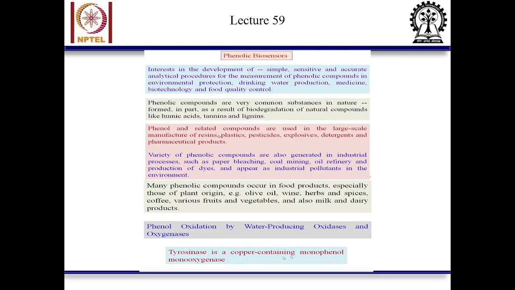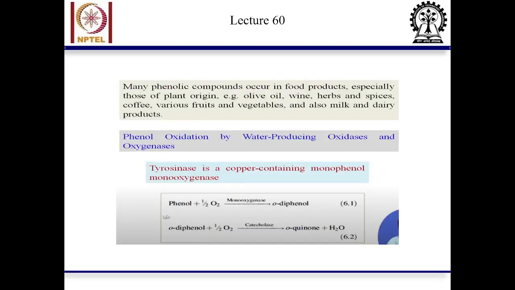Food products, especially olive oil, wine, herbs, spices, are possible applications. It involves phenol oxidation by oxidase and oxygen, and one of the most important enzymes is tyrosinase. It's a copper-containing monophenol monooxygenase, which is mainly responsible for the reaction.